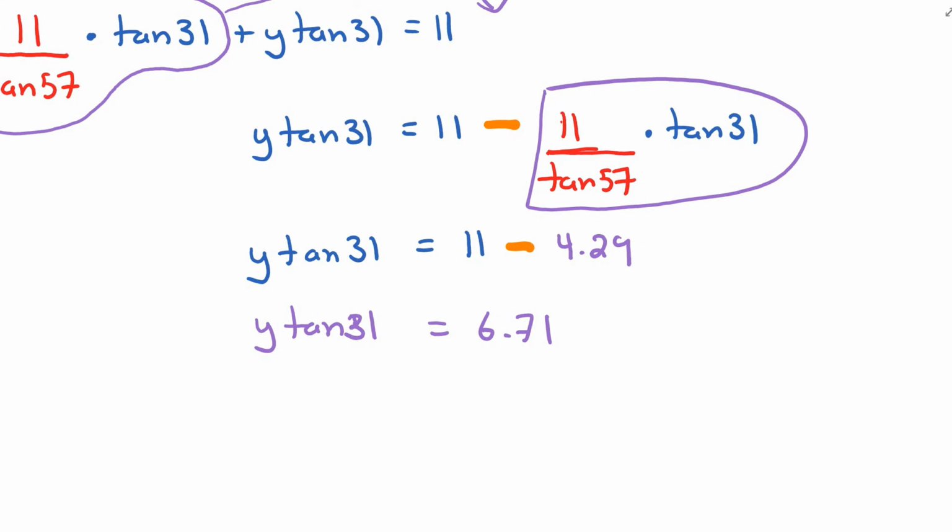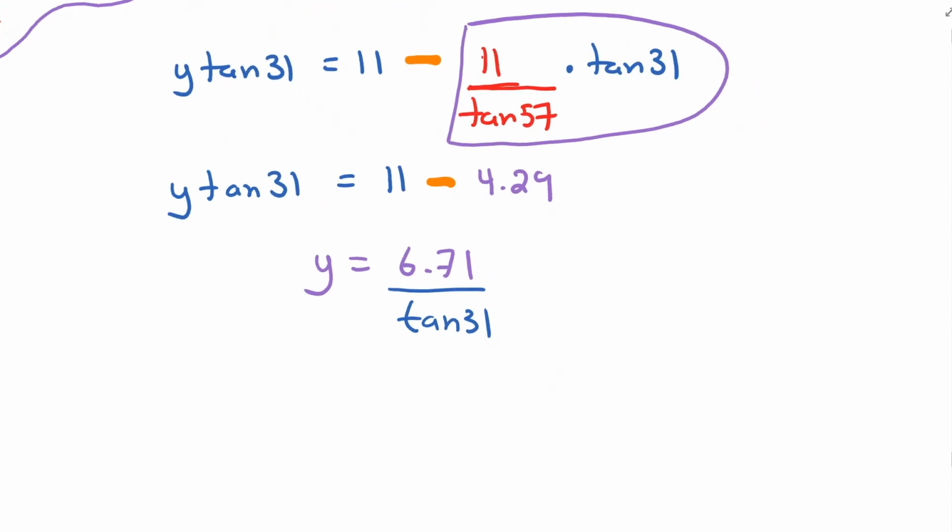In order to solve for y, I can divide both sides by tan 31, so those cancel off, and I'll just move the y over. So y equals 6.7 divided by tan 31, and if I do that, I get 11.161. And that's my final answer.